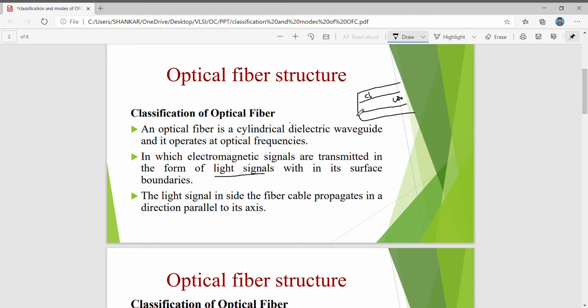The light signal can be transmitted only within this surface boundary, and the light signal inside the fiber cable propagates in the direction parallel to its axis.